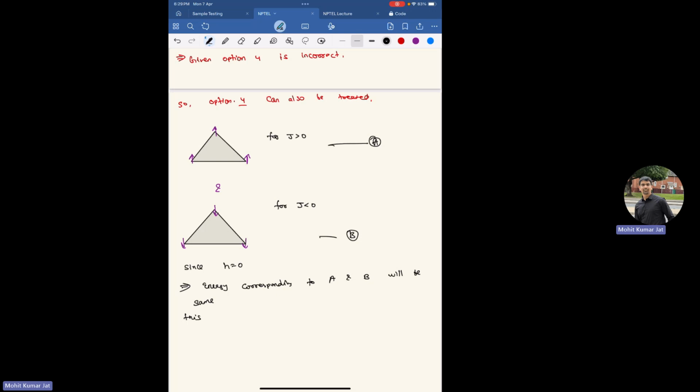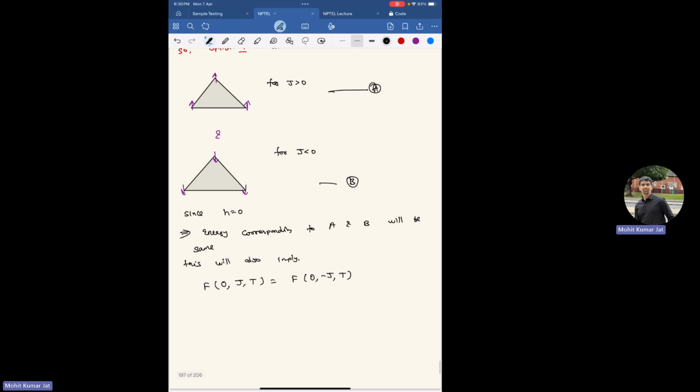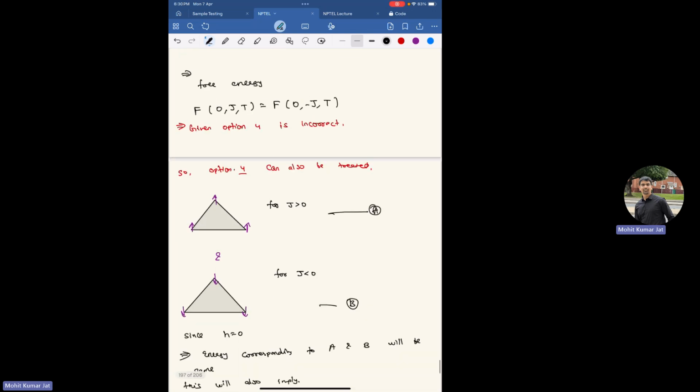This will also imply that free energy F(0, J, T) is equal to free energy F(0, -J, T), and this is the second method which we can prove.